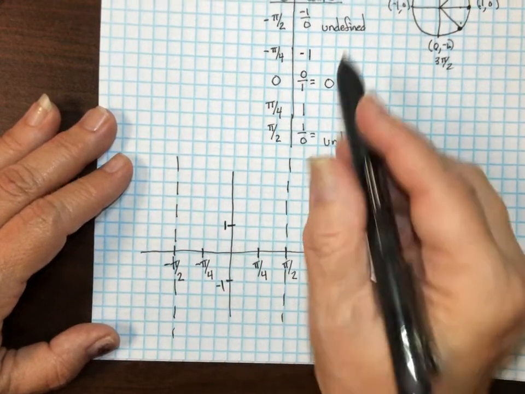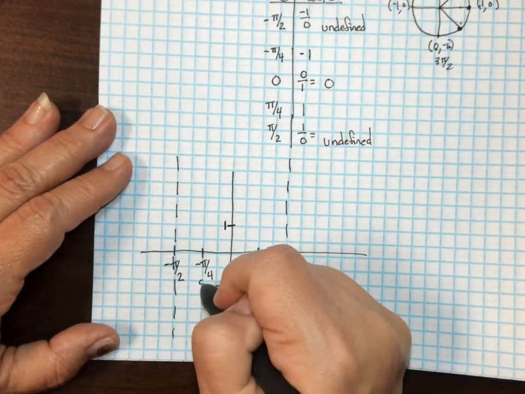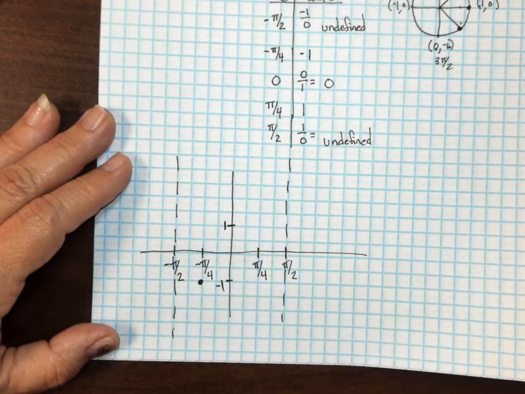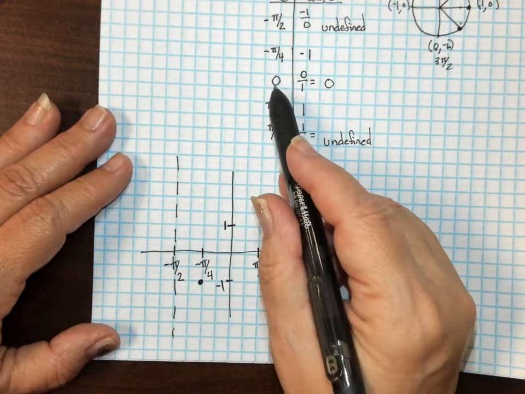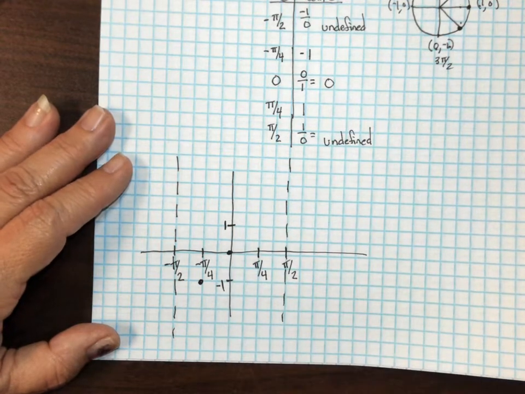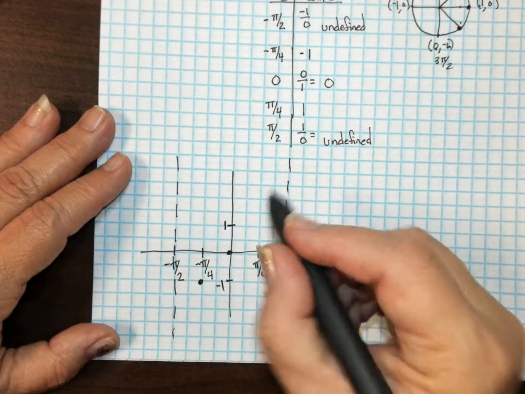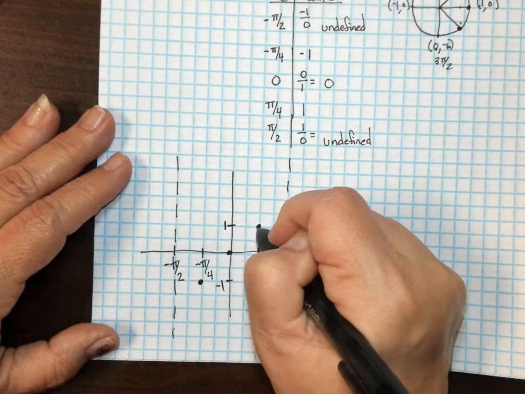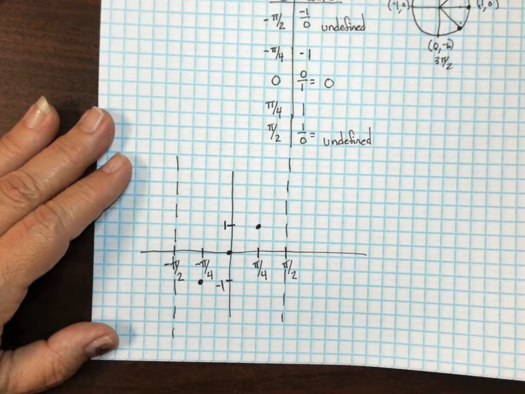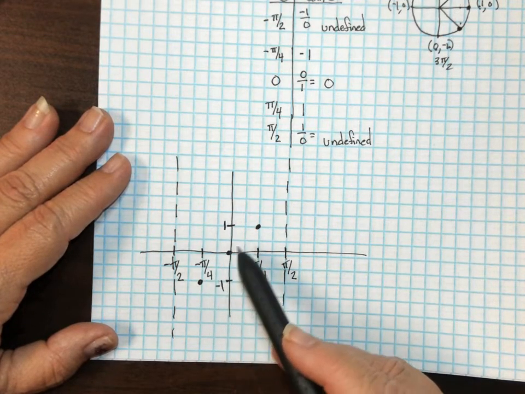So at negative pi over 4, I'm at negative 1. At 0, I'm at 0. And at pi over 4, I'm at 1. And right now that looks linear, right?